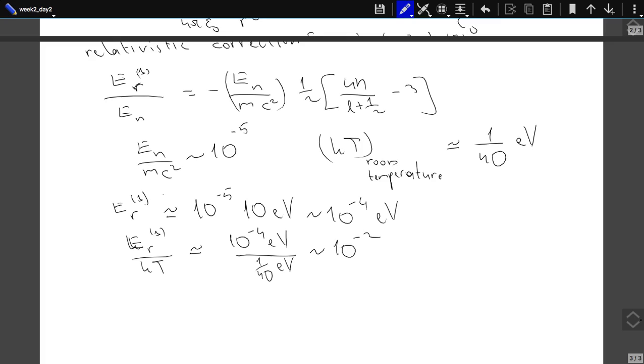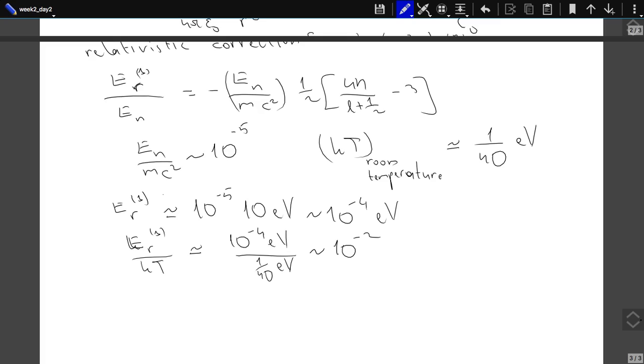So this fine structure correction is much smaller than the correction due to the thermal motion. This is typically what you would expect from these order of magnitude arguments. So it's difficult to observe it at room temperature. You have to cool the system if you want to observe this shift.